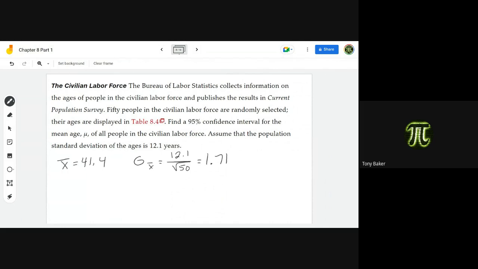Now, here is the nice thing about confidence intervals. You're typically going to use the same ones a lot. We already looked up 95%, correct? What was the z-score for 95%?